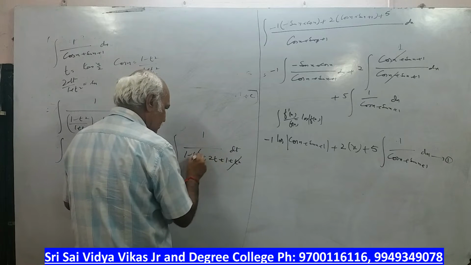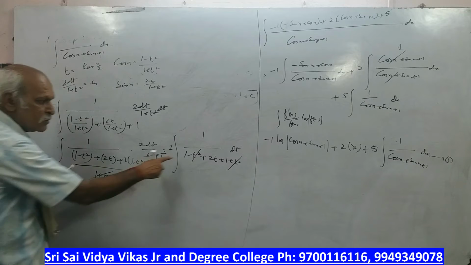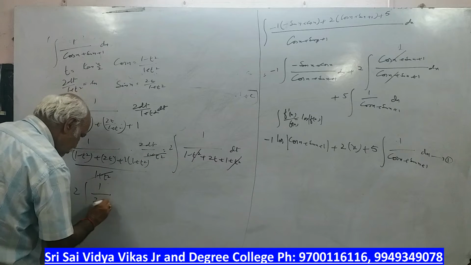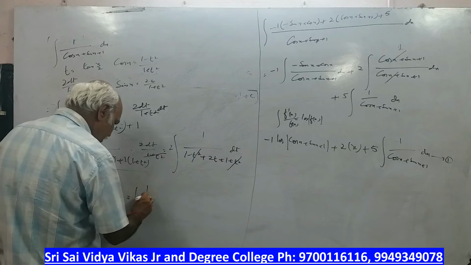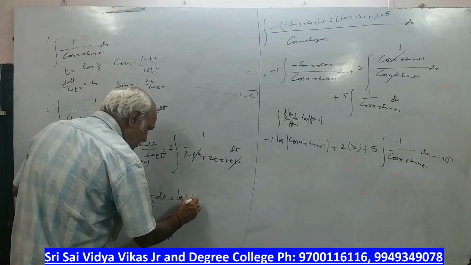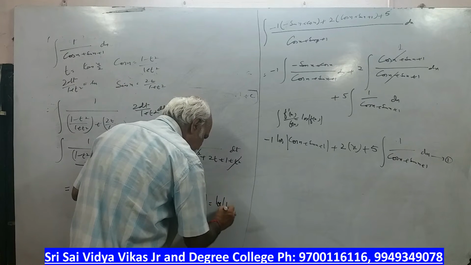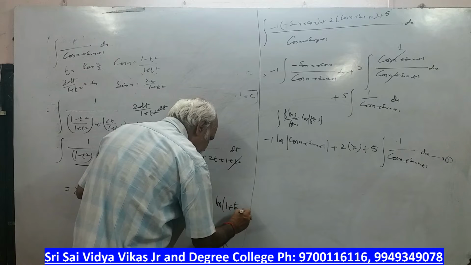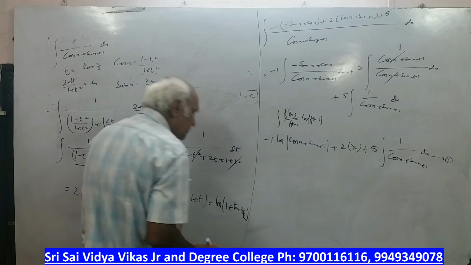So t square will get cancelled. 2 into integration of 1 by (1 plus 1 is 2, 2 plus 2t) dt. If you cancel with the 2, 1 by (1 plus t) dt, which is log of (1 plus t). So here log of (1 plus tan x by 2), right?